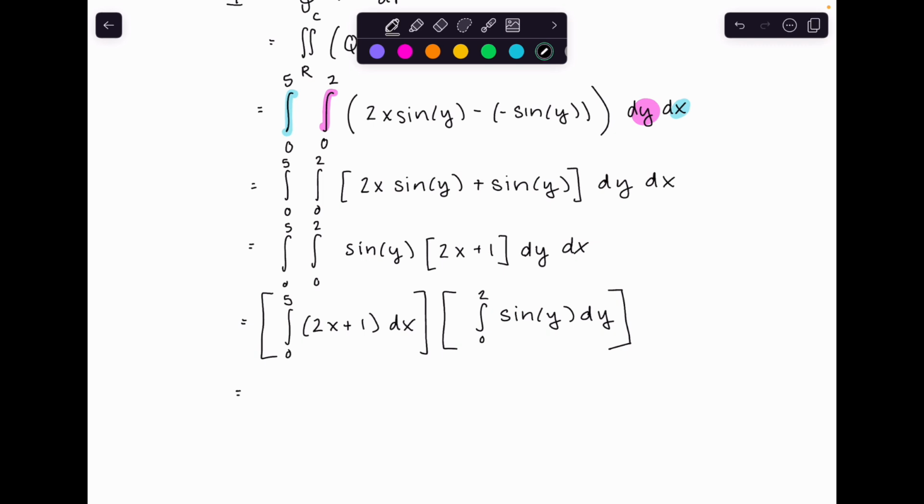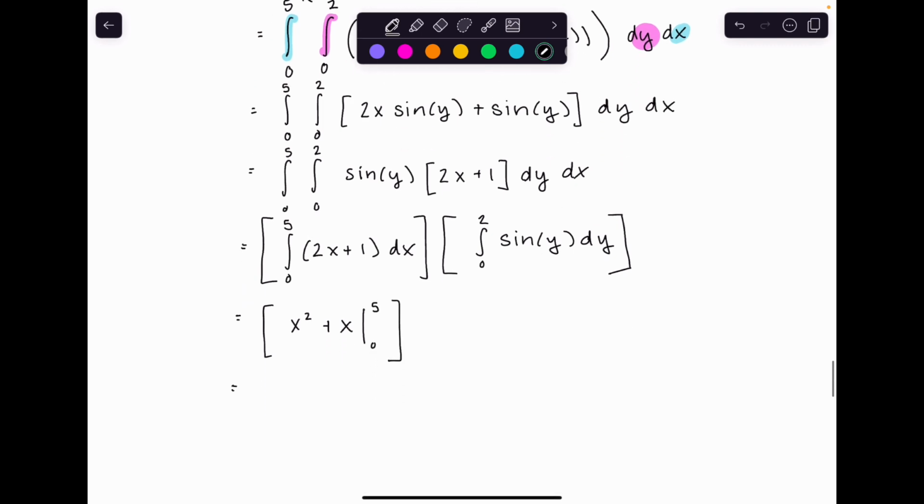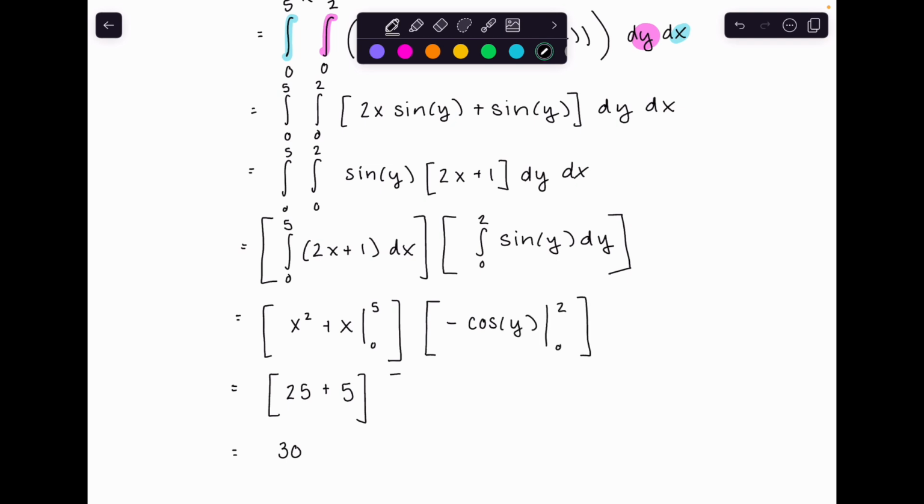So we'll go through the first one. The antiderivative of that would be x squared plus x, evaluated from 0 to 5. Plugging in 5 will give us 25 plus 5 minus 0. So the first integral becomes 30. Then I need to multiply it by whatever this ends up being. The antiderivative of sine of y is negative cosine of y, evaluated from 0 to 2, which gives me negative cosine of 2.